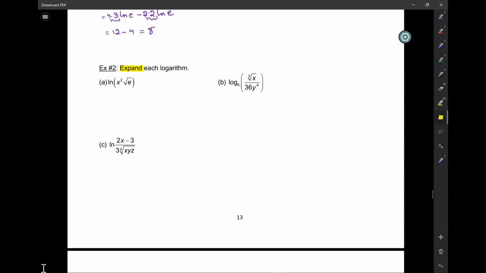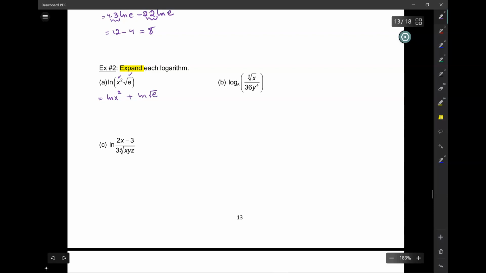So here, for example, I have an x squared and I have a root e. That's a total of 2. When I expand, I need to make sure that I have 2 separate logarithms. So now I have ln of something times something else. The property says I'm going to give each one its own ln and add them. So it's going to be ln of x squared plus ln of root e.